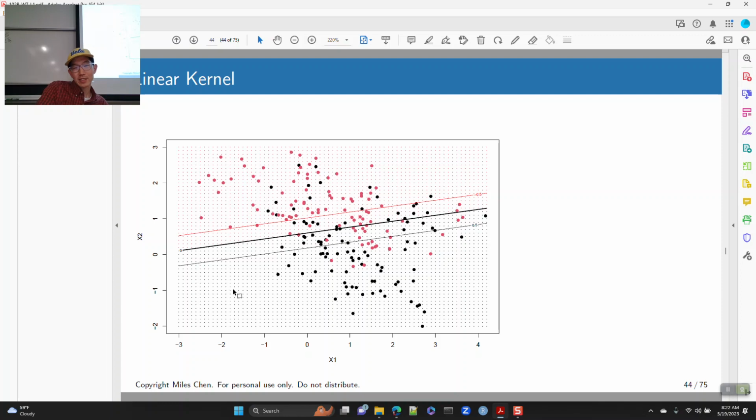This is the straight line boundary, the best I can do in terms of separating the red points from the black points, using the thick line as our boundary, and then I've got these parallel lines.